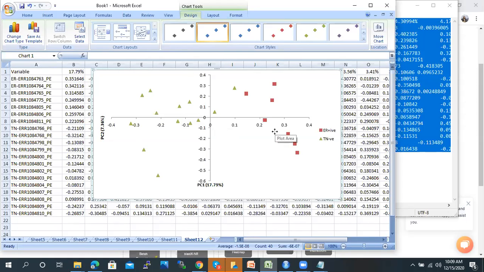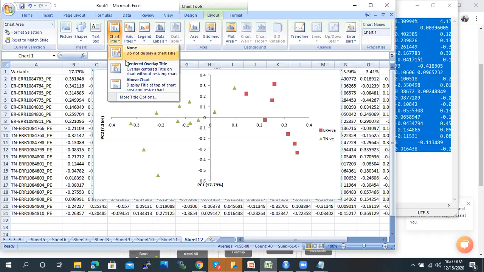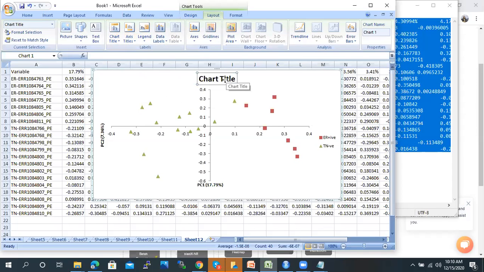Is anyone able to produce this scatter plot based on PCA components? You can also then give a chart title. What does it represent?